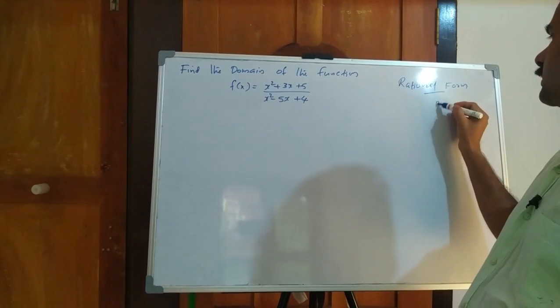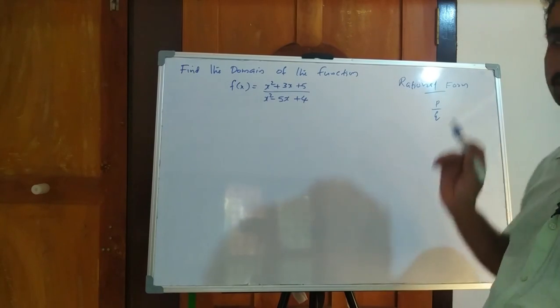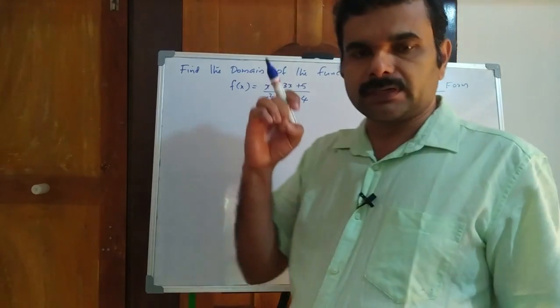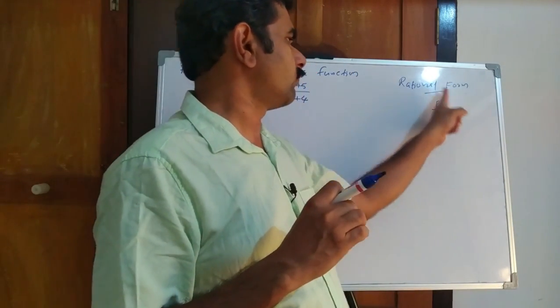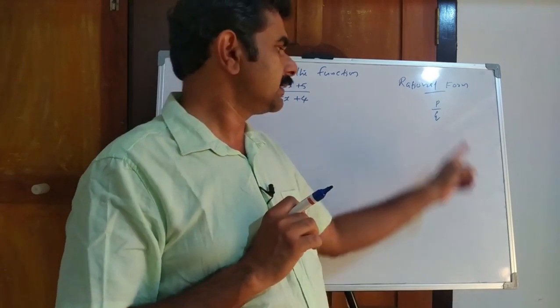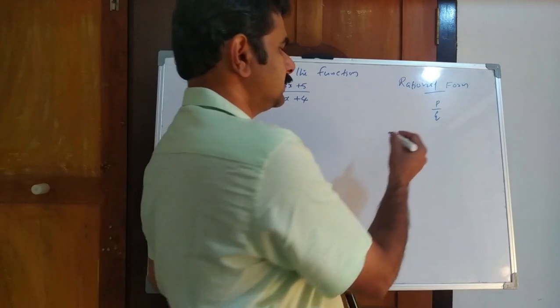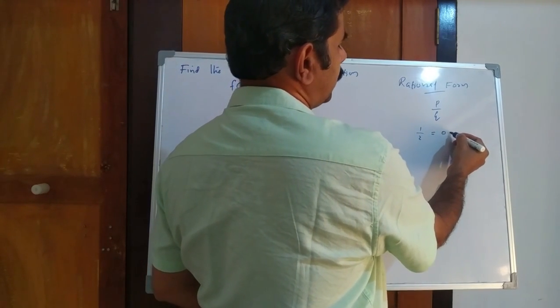Rational form is what? P by Q. Numerator and denominator. What is the main property of a function of the form P by Q? Here Q is never 0. That is, we know that 1 by 2, its answer is 0.5.